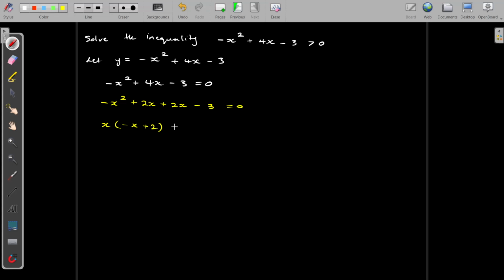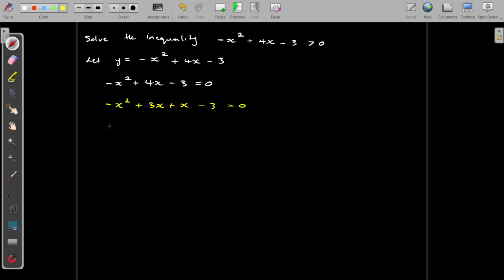And if we factor... Wait, that's not going to work. Oh, wrong AC. Why did I put 4 there? It's positive 3. So it's minus x squared plus 3x plus x minus 3.